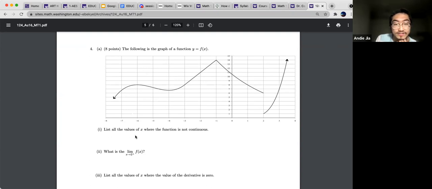The first part asks for what value of x the function is not continuous. Here I want to make something very important clear: continuity and differentiability are not the same thing.